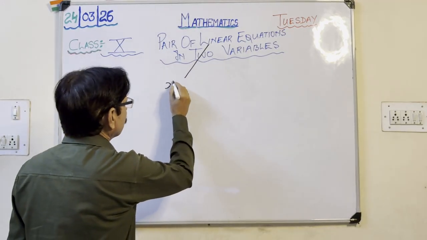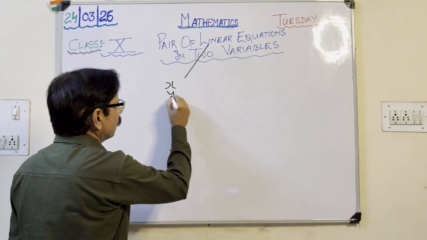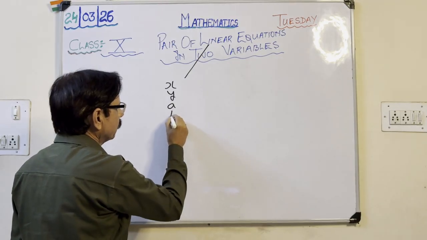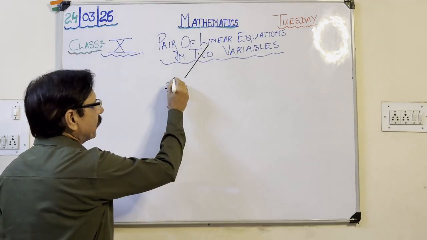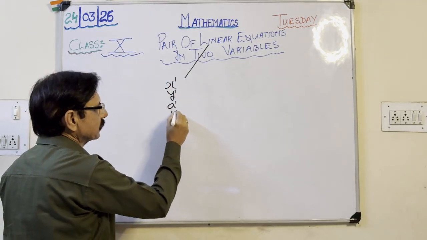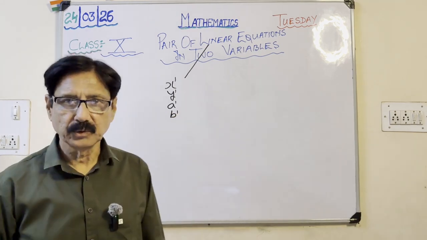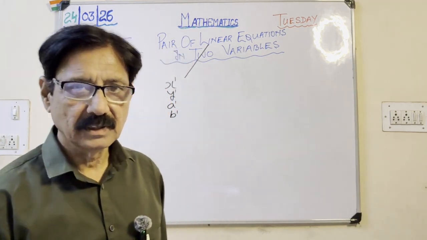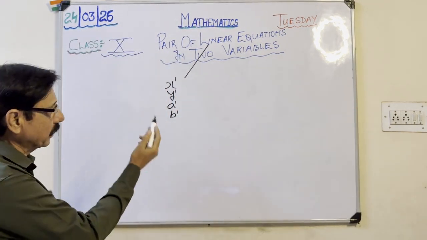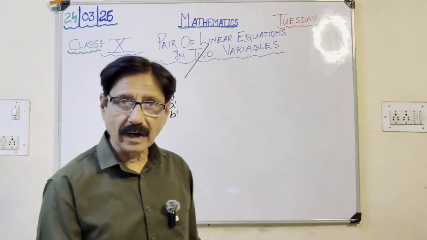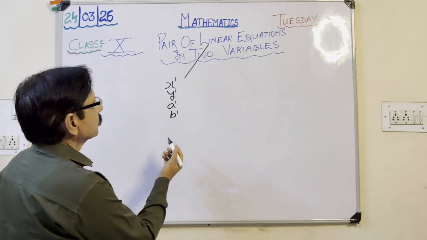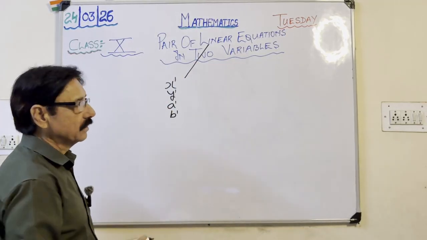So if I write only x, only y, only a, only b, and no power is written, the power is 1 on that. You all are aware of this. If there is no power, the power is 1, right? So that is the meaning of linear.